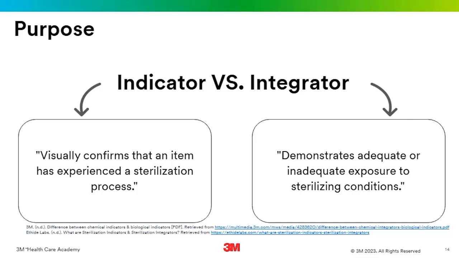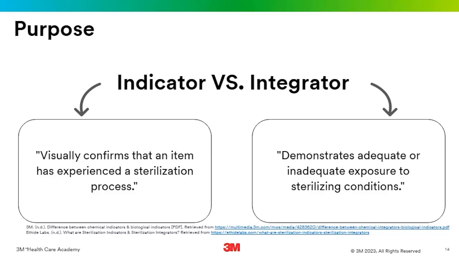There's a reason why a type 5 integrator goes into a biological process challenge device, okay? And that's because a process challenge device, which is designed to demonstrate that spores can be killed, that's it, nothing else about it, doesn't demonstrate sterility or probability of sterility on its own.